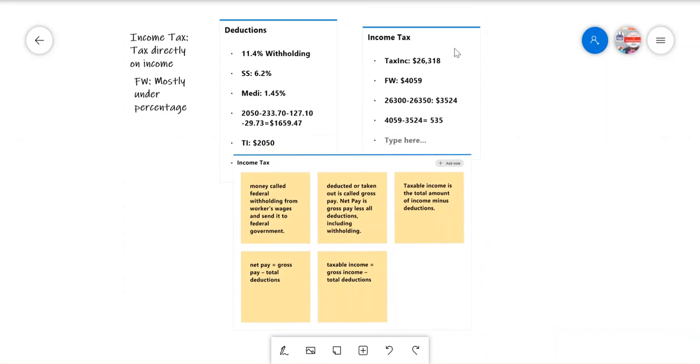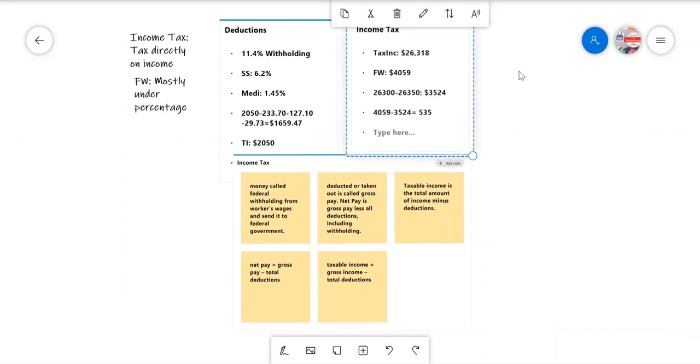Now let's move on to that income tax problem. Here, a man has a taxable income of $26,318. He had to pay for federal withholding $4,059.